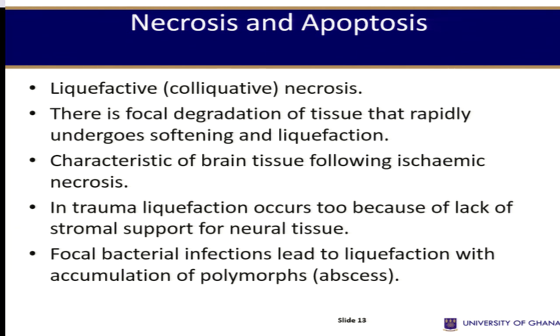In trauma, liquefaction may also occur in the brain. Elsewhere, bacterial infections can lead to liquefaction because of accumulation of polymorphs. And the enzymes from these polymorphs are the source of the liquefaction.